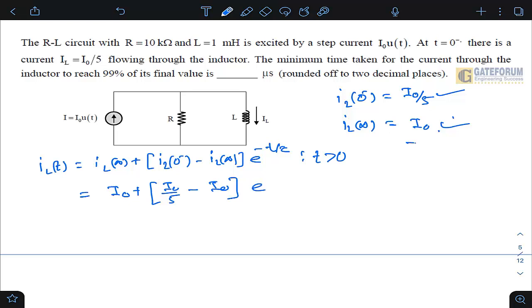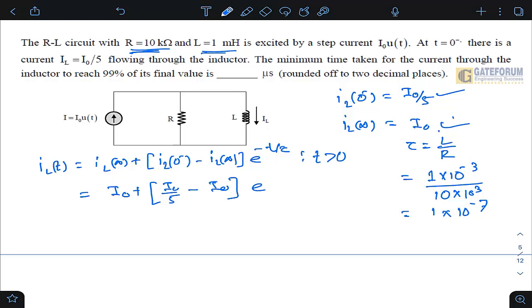What is tau? Tau is nothing but L by R in a first order RL circuit. The L value is 1 millihenry, R is 10 kilo ohm. So 1 into 10 raised to power minus 3 divided by 10 into 10 raised to power 3. So it comes as 1 into 10 raised to power minus 7, I think, isn't it?